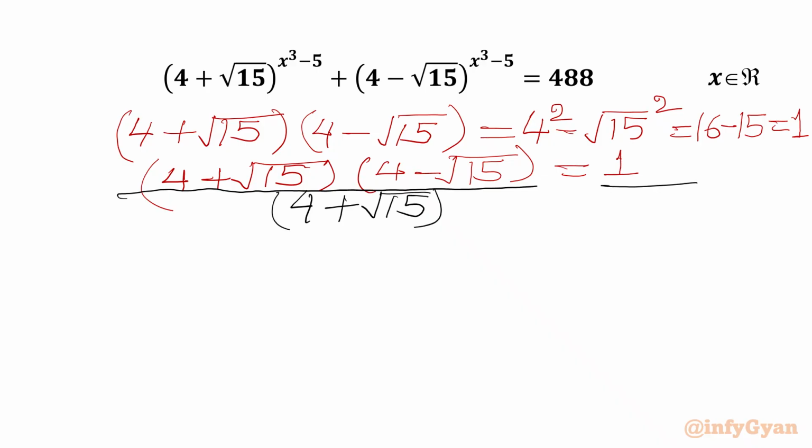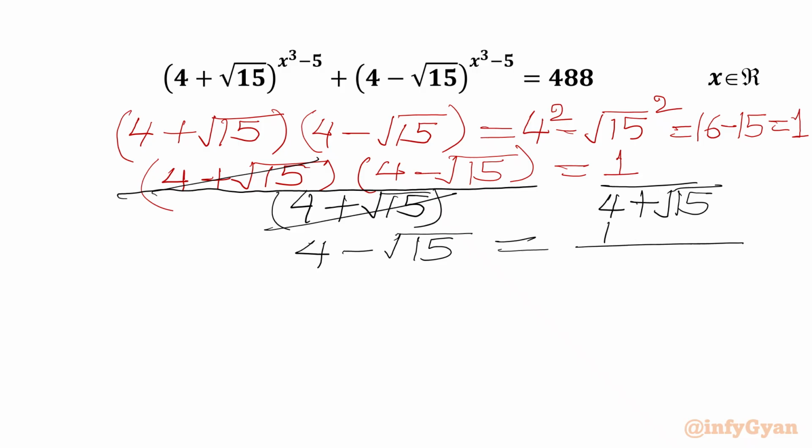In the RHS also we will divide by 4 + √15. So we can cancel 4 + √15 from the LHS. The conclusion is 4 − √15 can be written as 1 over 4 + √15.